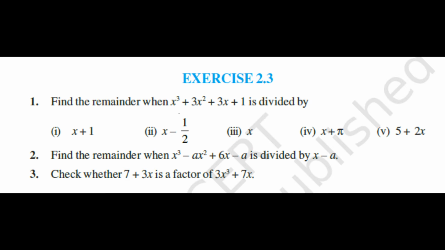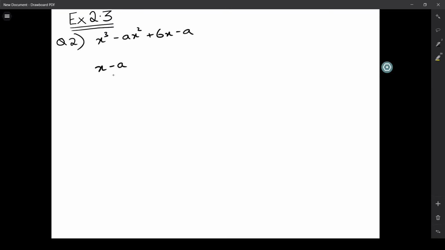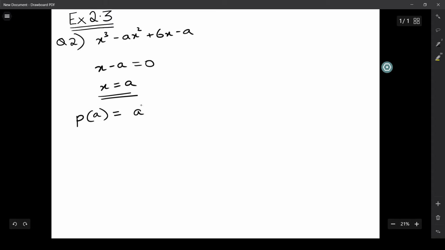Question number 2 of the exercise says find the remainder when x cube minus ax square plus 6x minus a is divided by x minus a. Again, we can simply use remainder theorem. Here we'll equate the divisor equal to 0, which gives us x equal to a, and according to the remainder theorem, the dividend at value of x equals a will give us the remainder.